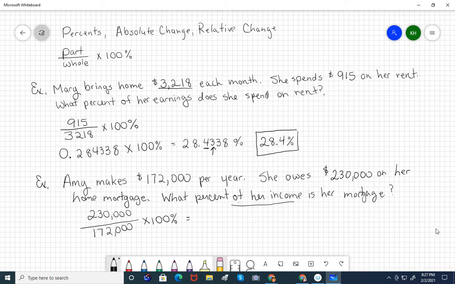She spends more than $172,000, or she owes more. It's not that she's spending it. Notice this is her mortgage. She's probably going to pay that $230,000 out over 15 years, maybe 30 years. So 230,000 divided by 172,000 times 100%.